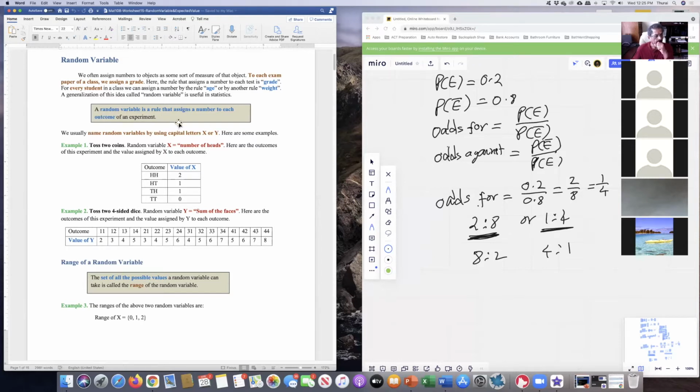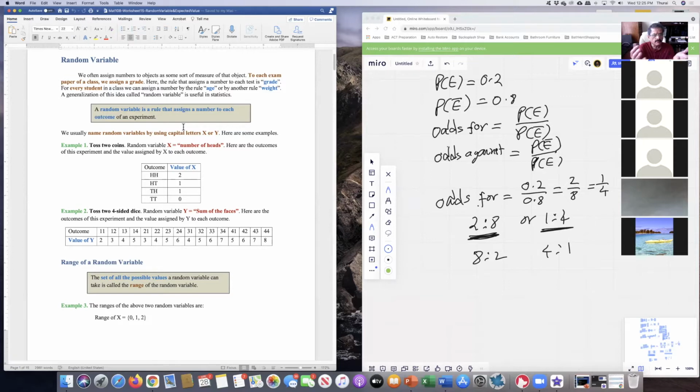A random variable is basically a rule that assigns a number to each outcome of an experiment. So each outcome of an experiment is going to be related to a number. How you define that number depends on what kind of analysis you're doing. So there are all kinds of different ways of assigning a number.